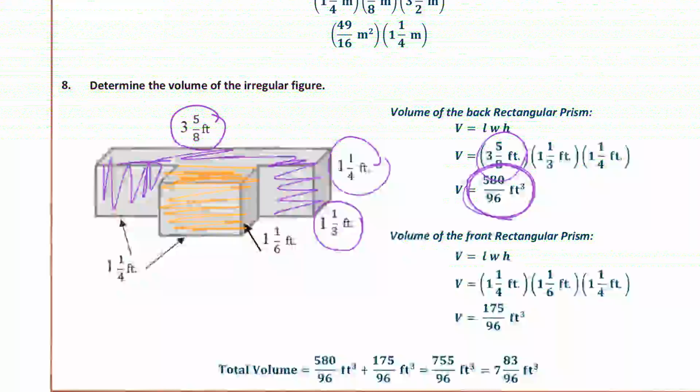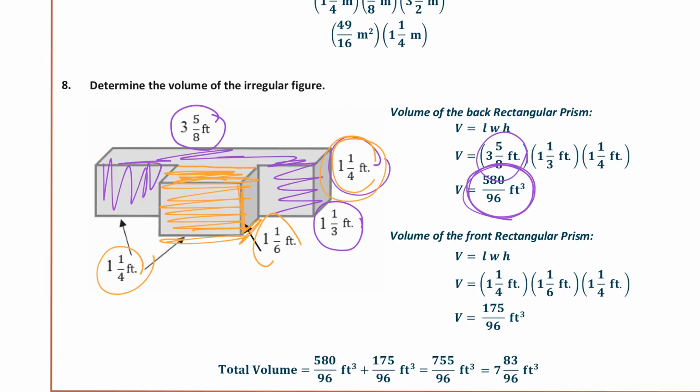And then the front orange one, the height is still 1 1/4. Then you would do times 1 1/6 for this and 1 1/4 for this. That would get you 175 over 76, and then you just add them together to find the total volume. There you go.